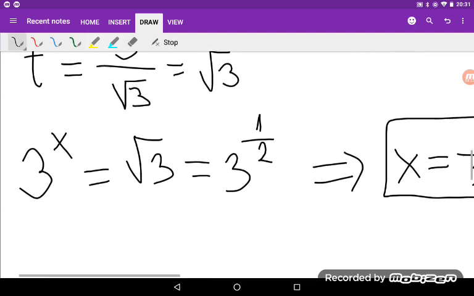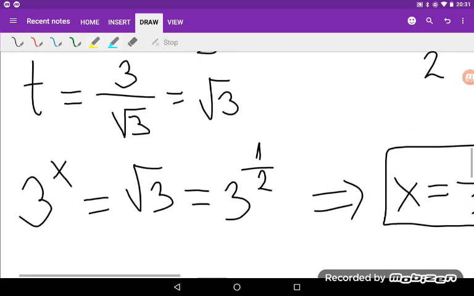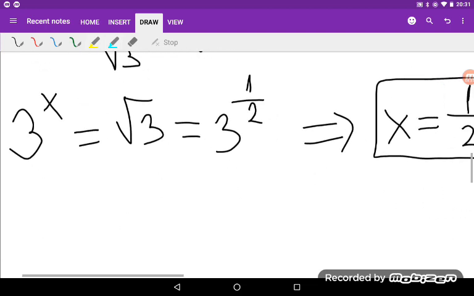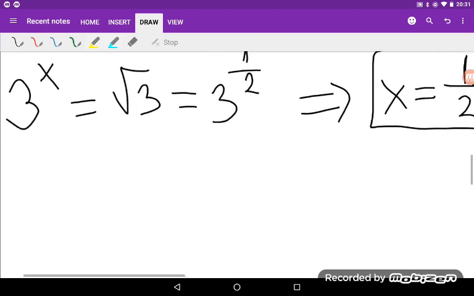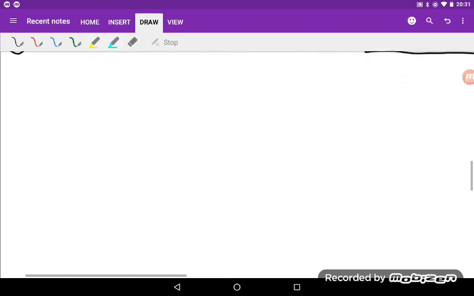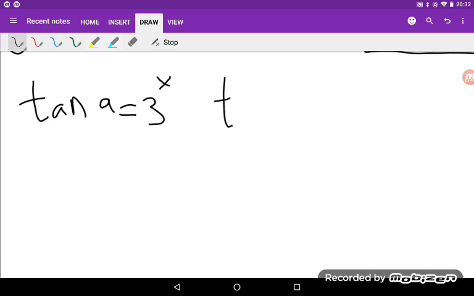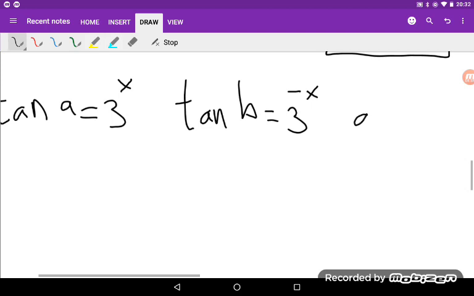and I also have the second way to find x, and it's kinda nicer and easier to find the value of x this way. So I will just write again tangent of a is equal to 3 to the power of x, tangent b is 3 to the power of negative x, and we know that a minus b is equal to pi over 6.